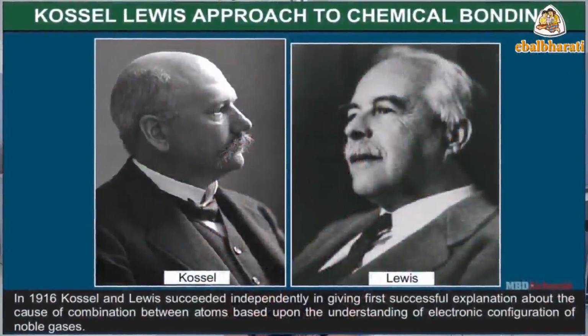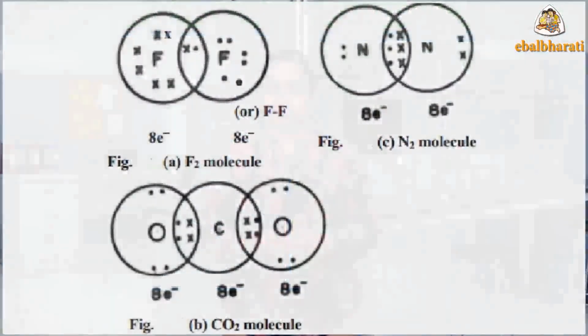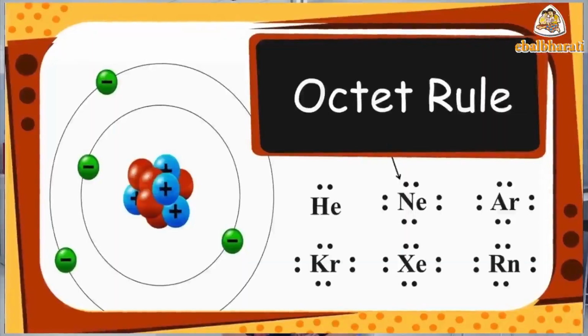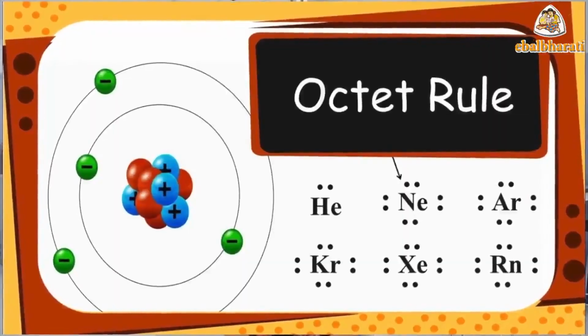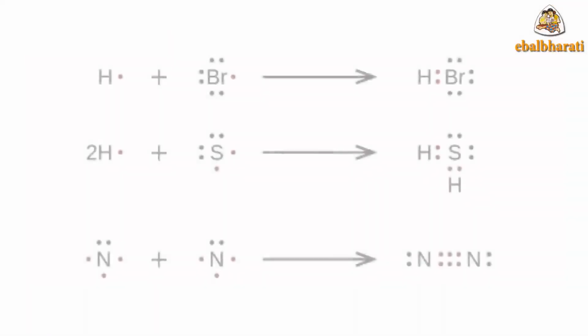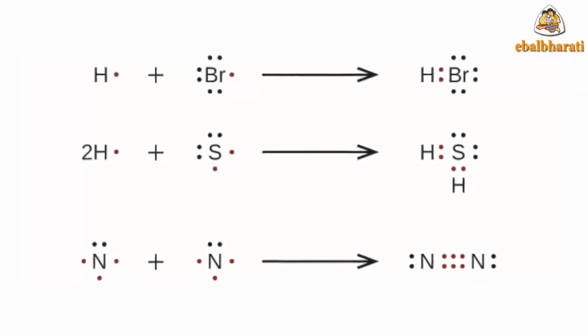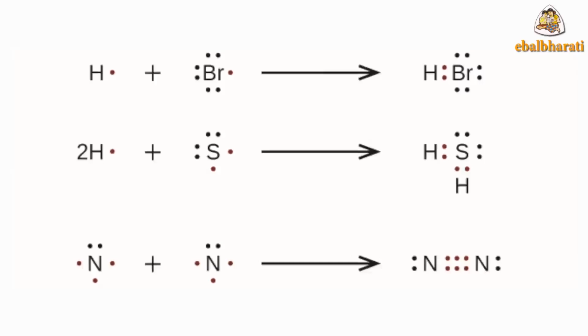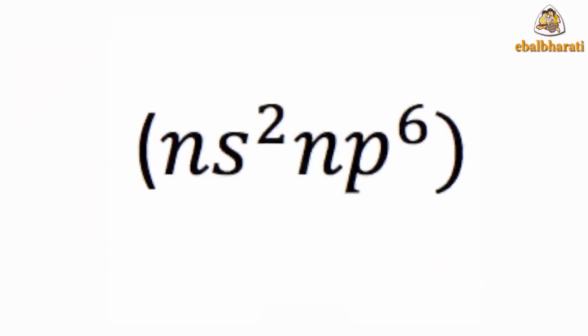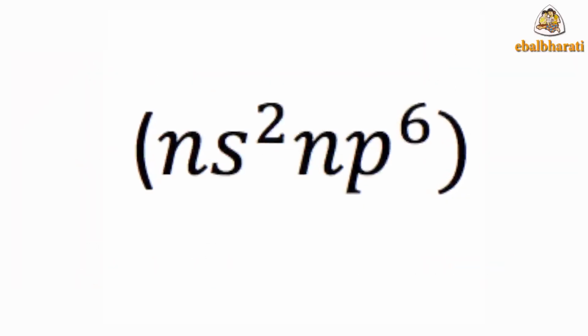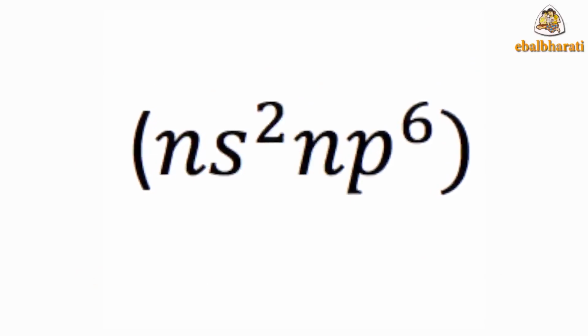Kossel and Lewis approach to chemical bonding. Octet rule. The octet rule is based on the stability of noble gases due to the presence of 8 electrons, represented by ns2np6 in the valence shell.